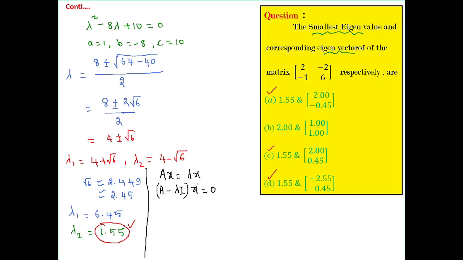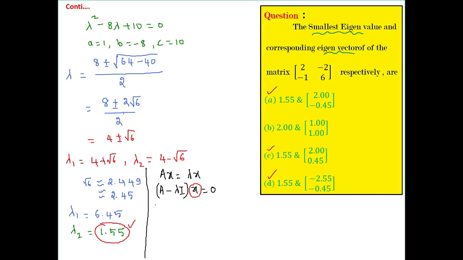My goal is to find x. Here x is the eigenvector, lambda is the eigenvalue. So let us plug in the given values. A is the given matrix, lambda is 1.55, and I is the identity matrix.